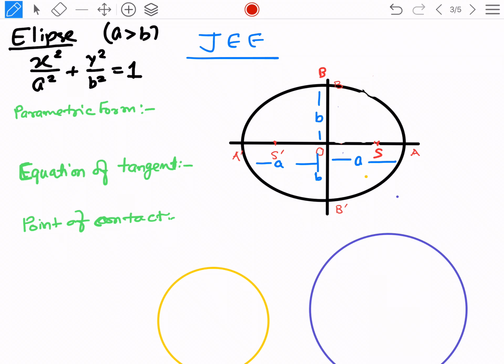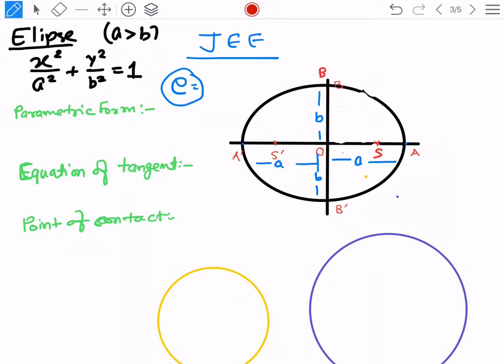These both are b. And we know that the coordinates A and A dash are called major vertices, and B are vertices on the minor axis. We know about all these values because we have read them in class 11th, and we also read the relation between a, b and e, which is a very important part. e is called eccentricity.